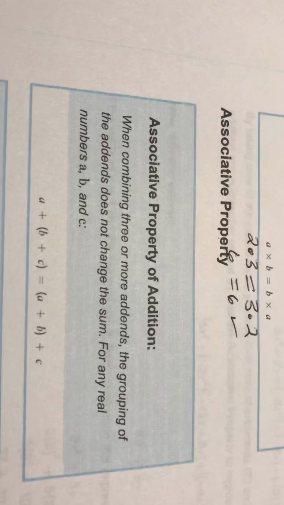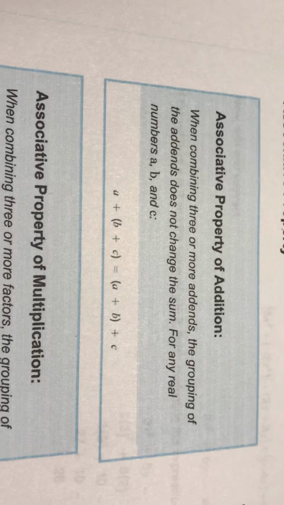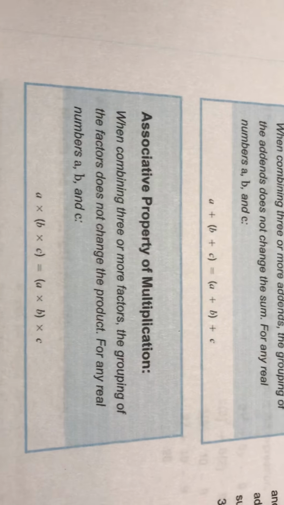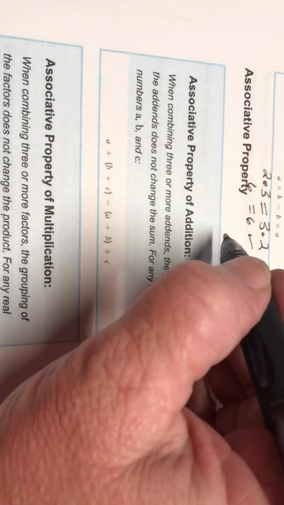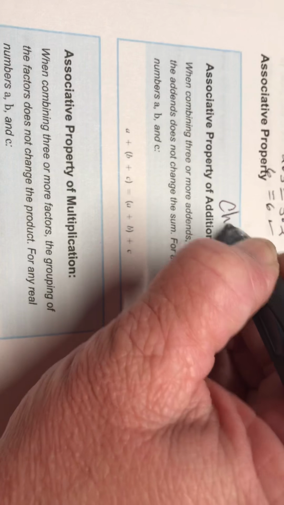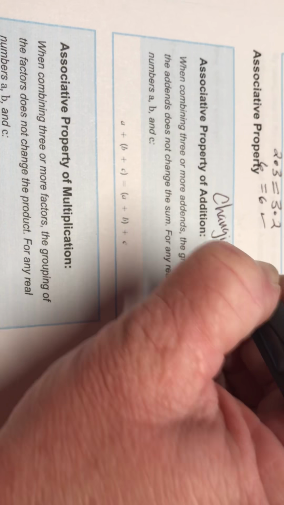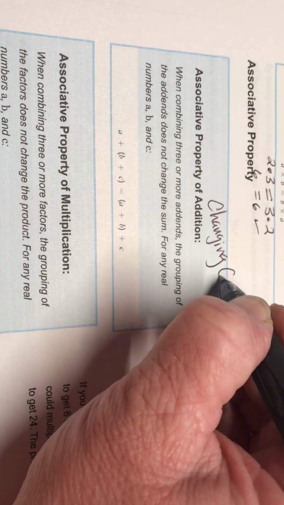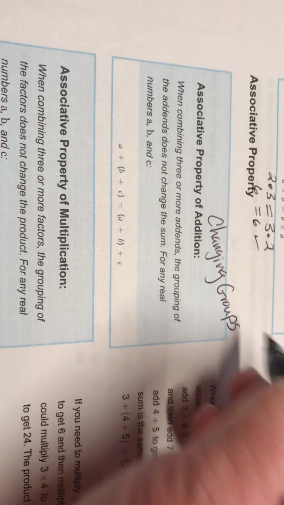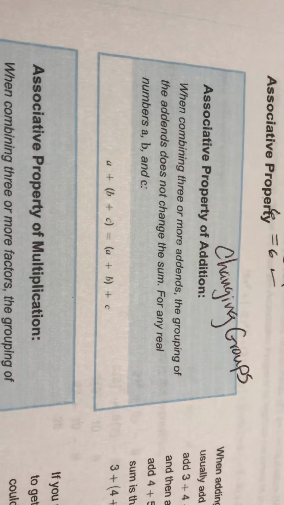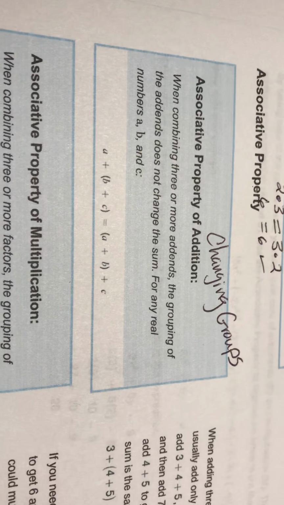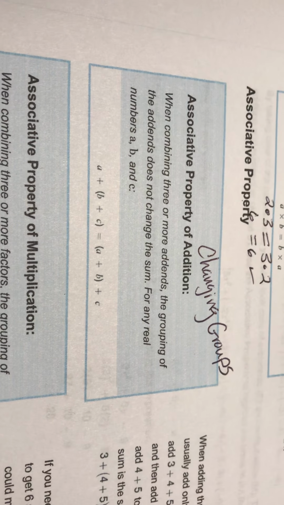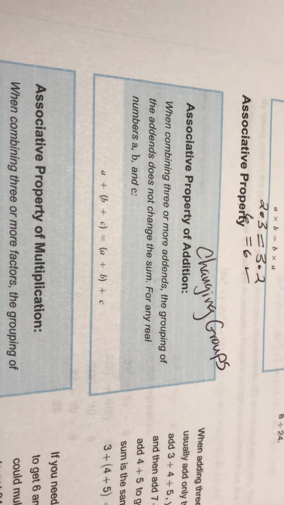The next property is associative property. We have associative property of addition and associative property of multiplication. I like to think of this as changing groups. Again, I'll use a big city analogy. If you live out here in the boondocks, you probably go to school and church or whatever with the same people.